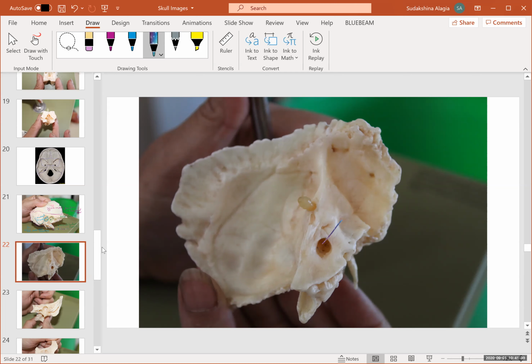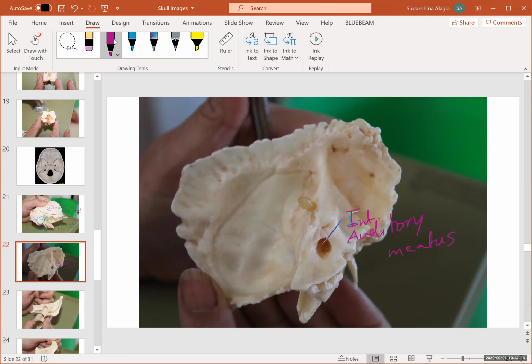This is the internal auditory meatus. What will be hard to show you is the carotid canal. If you try to take a picture of the carotid canal, the bone looks so obscured that you have no reference.